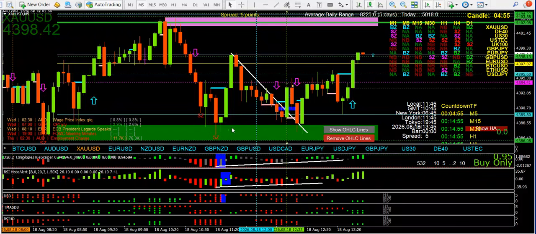Strong pushes down with very little momentum and TMA slope. This is more important, the momentum indicator RSI histo, and as you can see, strong differences between these levels.